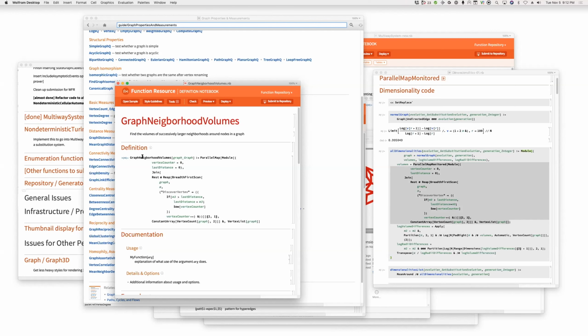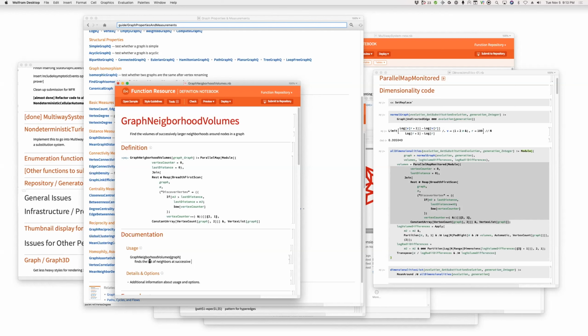Okay, so here, the simplest case is just graph, finds the list of neighbors at successive distances.